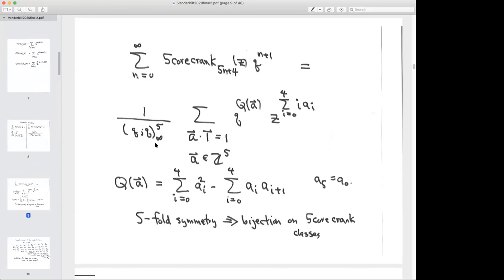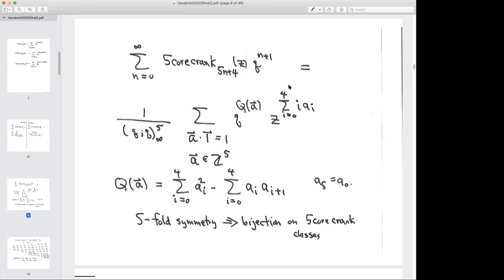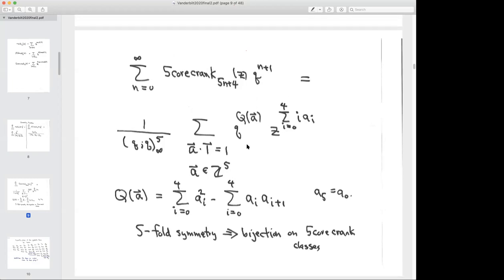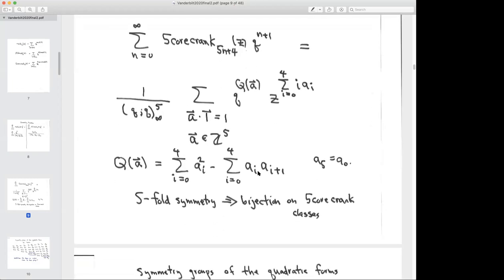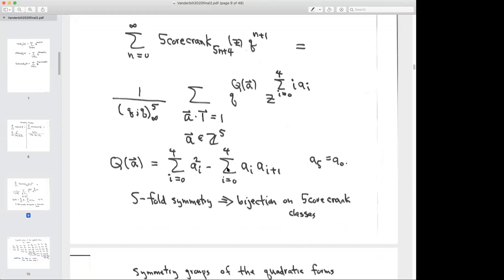Then it turns out there's some infinite products out in front, and it's the generating function for a certain quadratic form, this q of a. And what makes this quadratic form very nice is it's basically the weight function of a 5-gon. There's 5-fold symmetry, obvious in this quadratic form. There's a 5-cycle that will act and preserve this quadratic form.